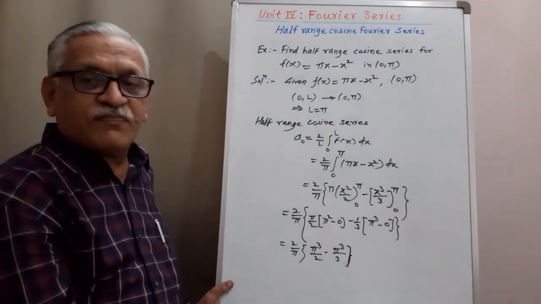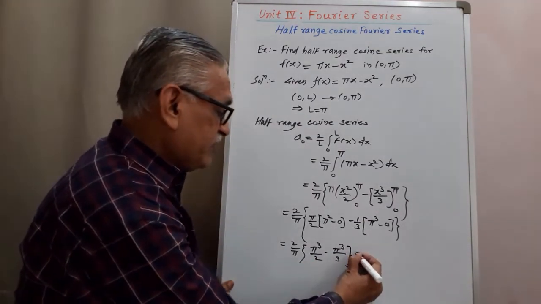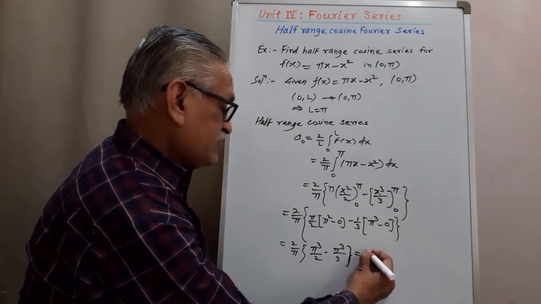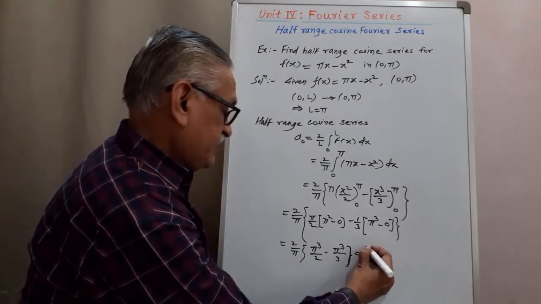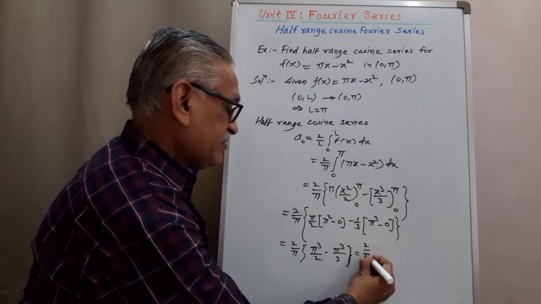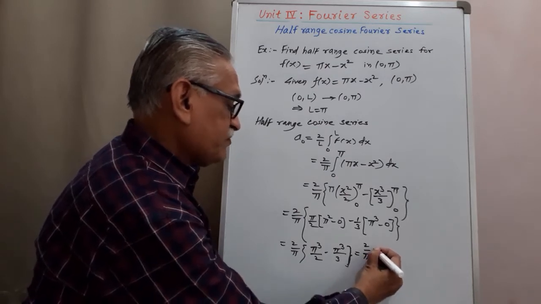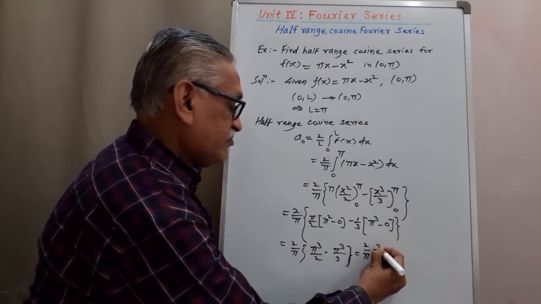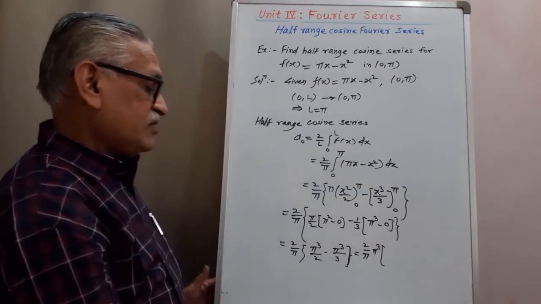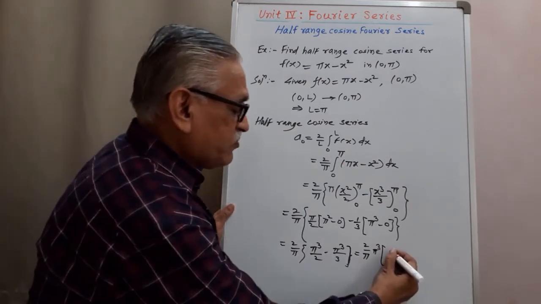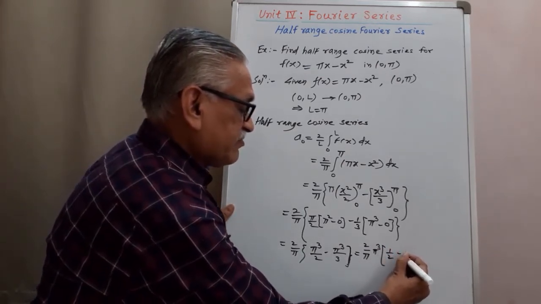From these two terms I can take pi cube common, and therefore it is 2 by pi into pi cube. Remaining terms are 1 by 2 minus 1 by 3.